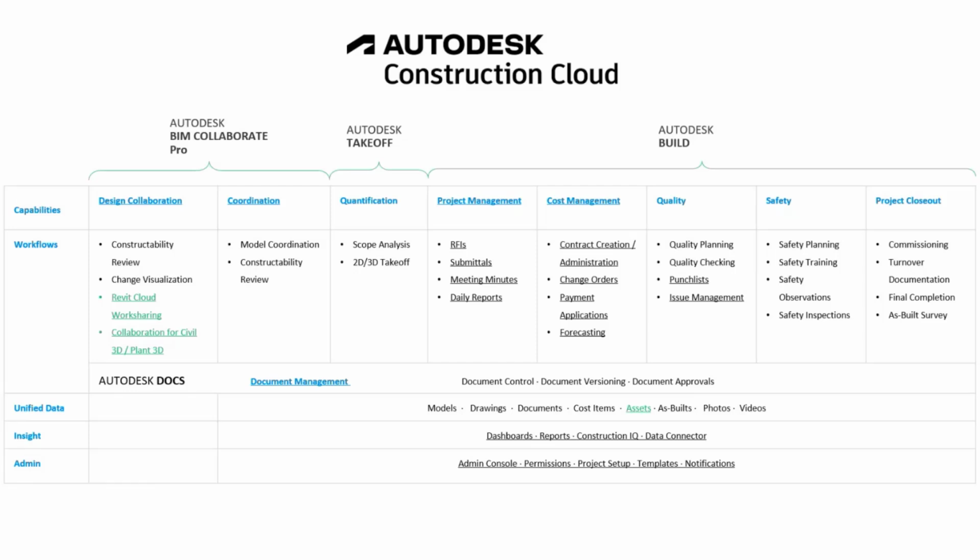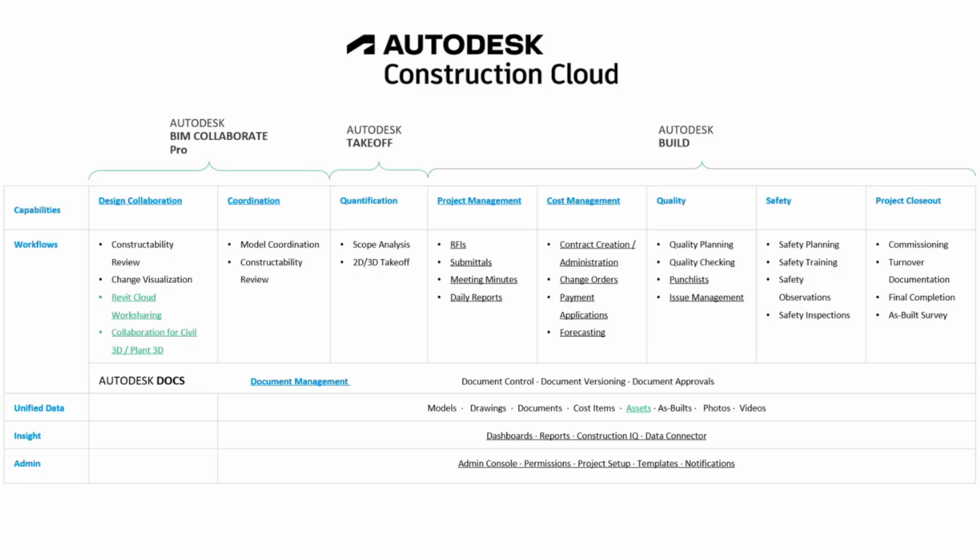In Autodesk Build, we also have project closeout, where you can compile all the documentation and pass it to the owner itself. And all of these modules have Autodesk Docs where all your documentation can be uploaded.